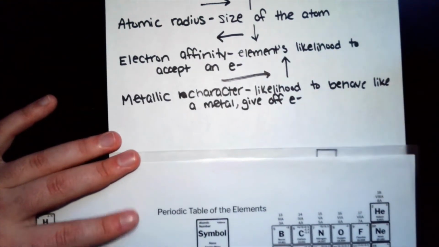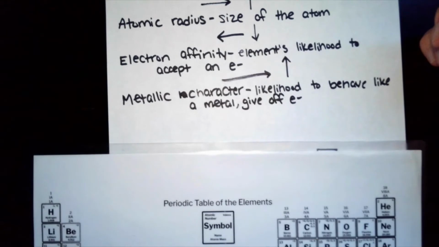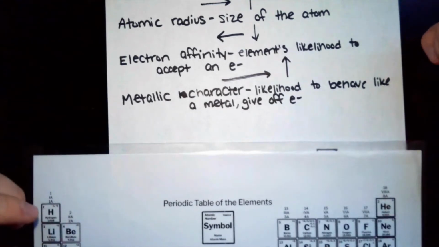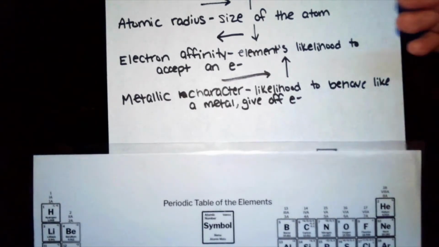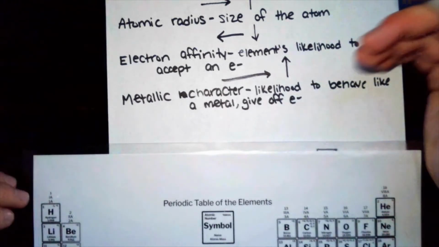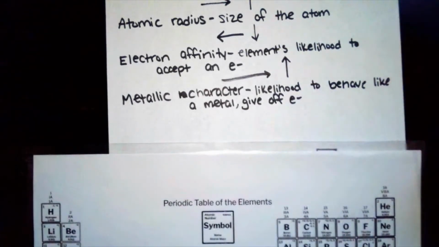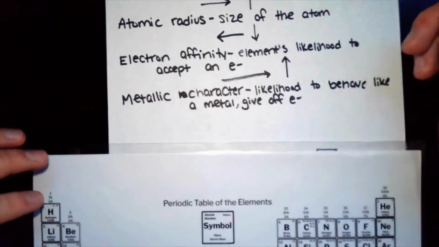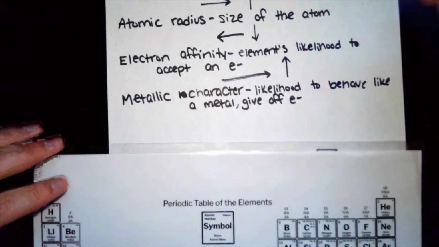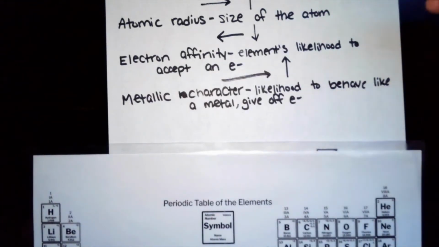So the metallic character is going to be basically the exact opposite of ionization energy. It has to be, because remember, ionization energy told you how much energy it took for something to give off an electron. Another way of wording that is saying it's the amount of energy it takes to behave like a metal, right? And again, the lower the energy, the easier it is for that to happen.